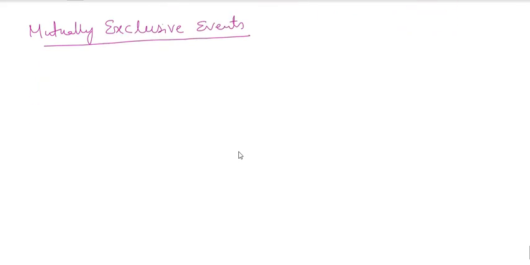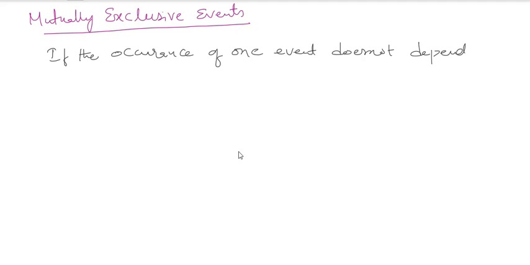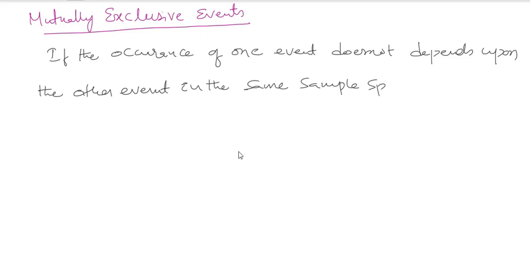So let me give you the clarity regarding mutually exclusive events. If the occurrence of one event does not depend upon the other event in the same sample space, it is called mutually exclusive events.